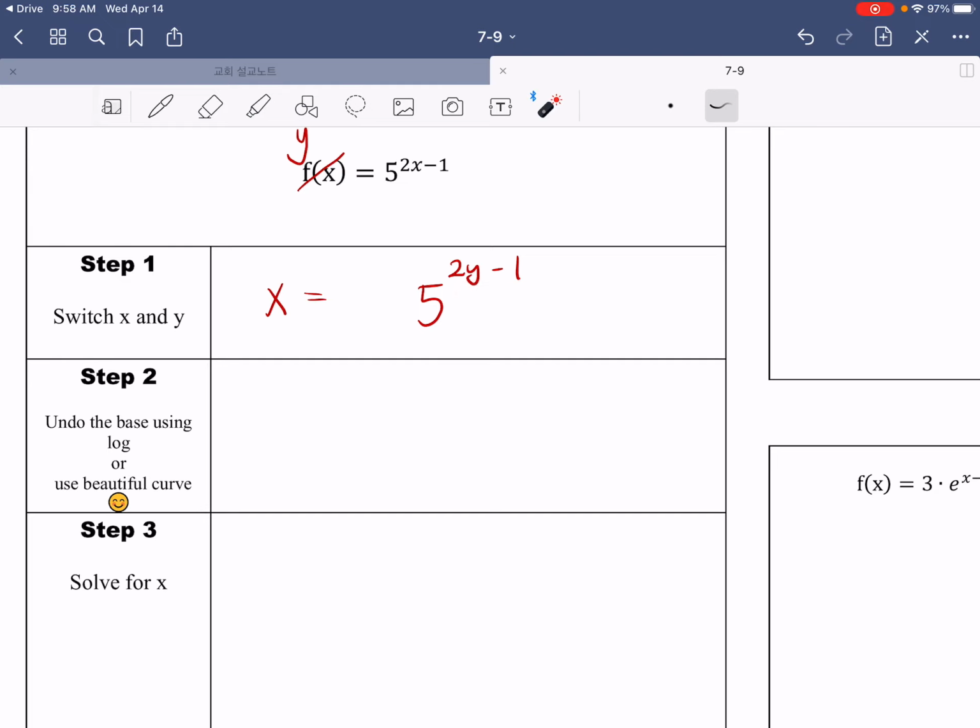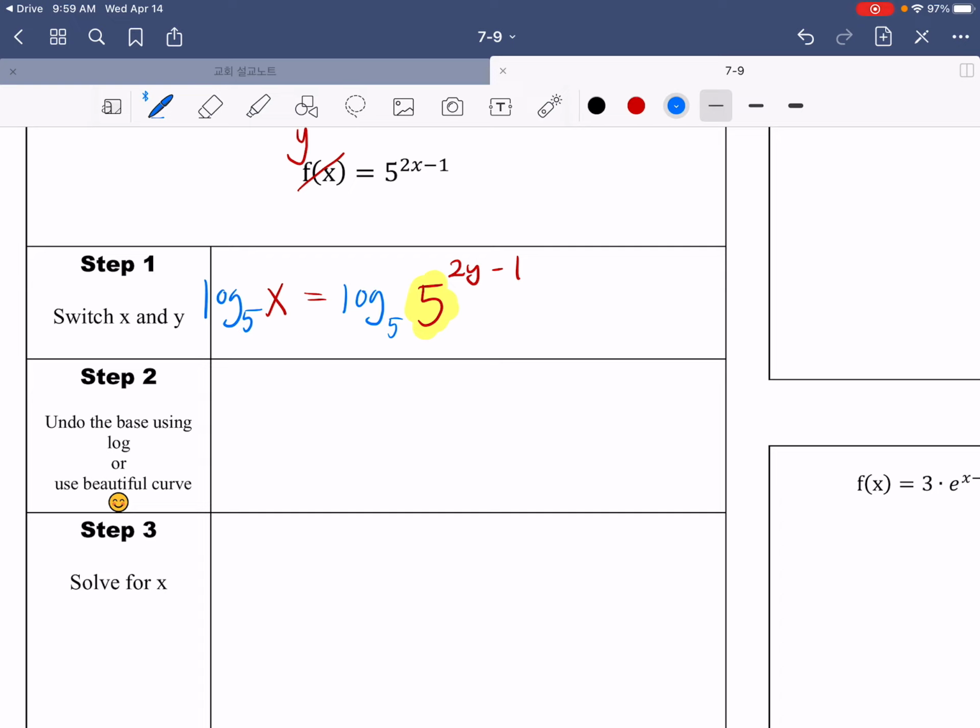From now on, the only thing that we have to do is to solve for y, okay? If you want to solve for y, you have to move everything to the other side except for y. So first we have to get rid of this 5. How can we get rid of this base 5 of the exponential? We have to do the opposite of exponential, which is logarithmic. So let's do log base 5 on both sides.